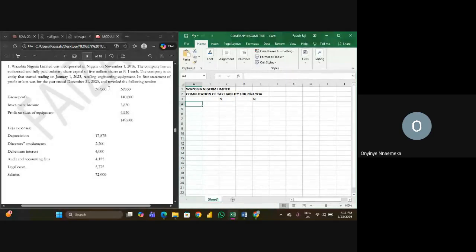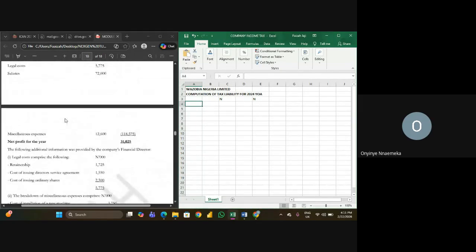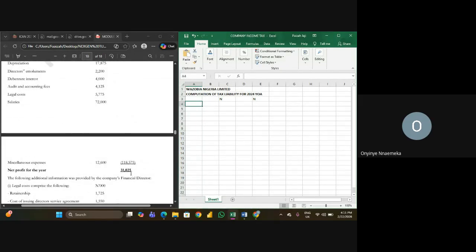So we are going to be starting with our net profit, right? So we have profit for the year. Net profit, which is how much? I think there's a level of precision on this in naira.